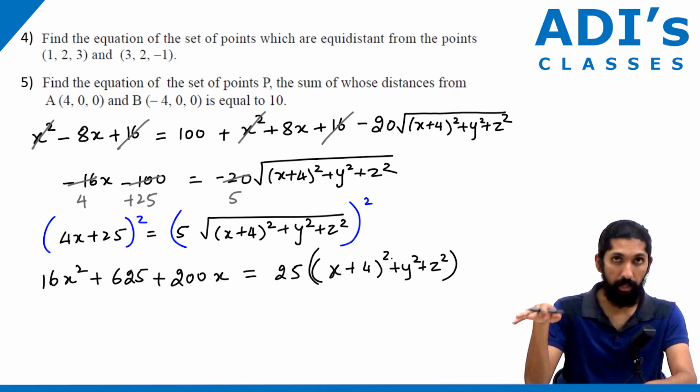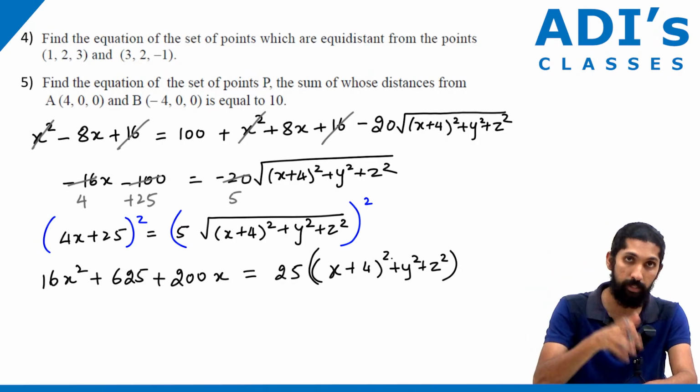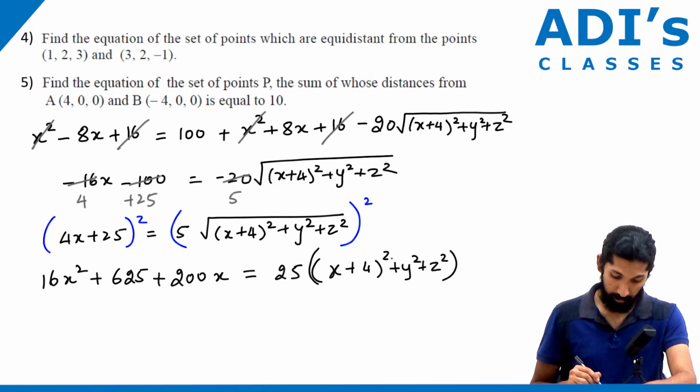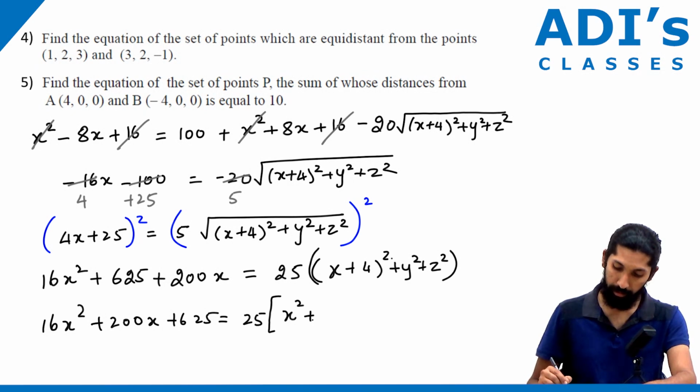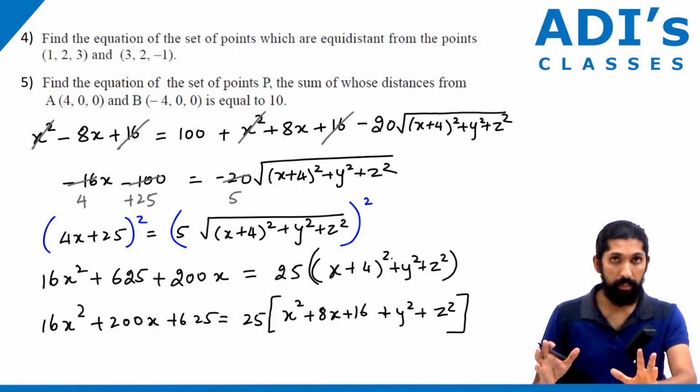So we need to expand and simplify it. You are going to get it in terms of x square, y square, z square. Clear? Now what you have here: 16x square plus 200x plus 625 is equal to 25 into x square plus 8x plus 16 plus y square plus z square. Correct? We need to multiply. LHS keep it as it is.